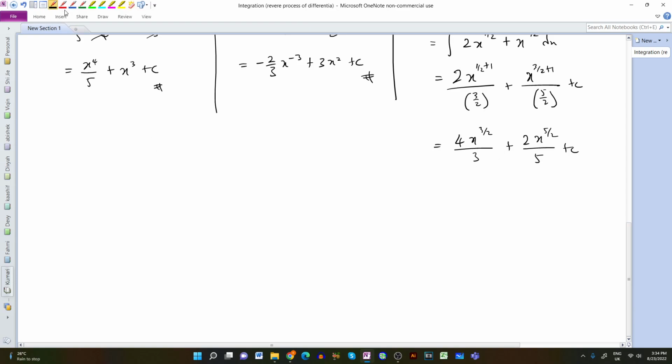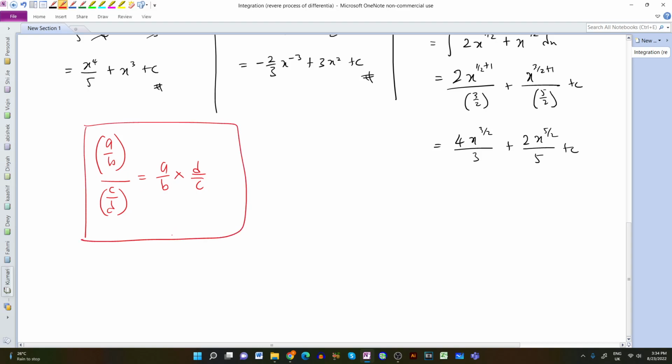Now you see, if you have two fractions a over b divided by c over d, you can write this in multiplication form: a over b times d over c. You flip this one. Have you seen this before? Yeah, got it.